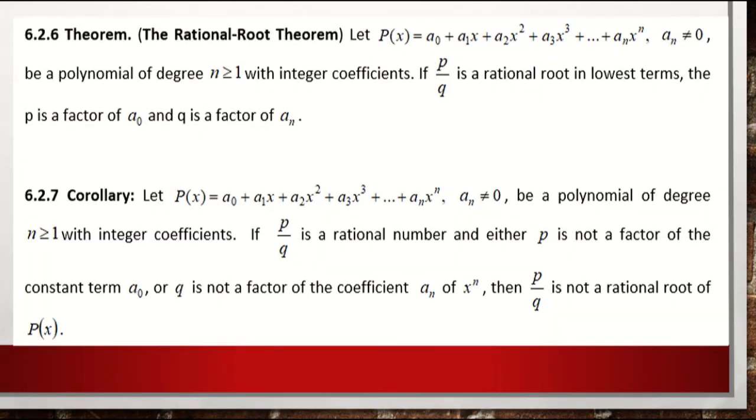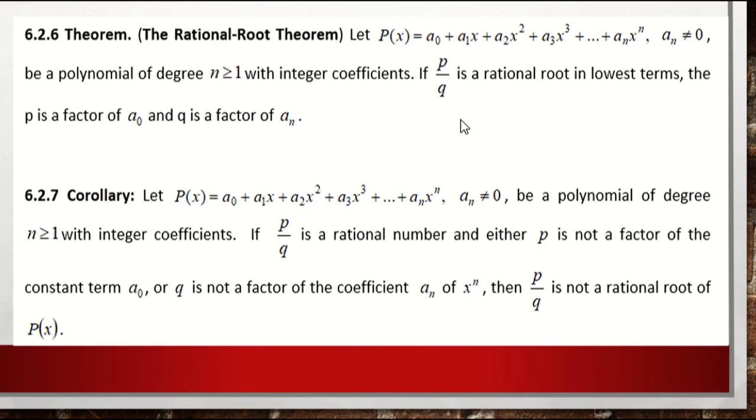Okay, where k is any non-zero number. Another theorem, we have the rational root theorem. Let p of x is equal to a sub 0 plus a sub 1 times x plus a sub 2 x squared plus a sub 3 x cubed plus up to a sub n x to the power of n, where a sub n is not 0, be a polynomial of degree n greater than or equal to 1 with integer coefficients.